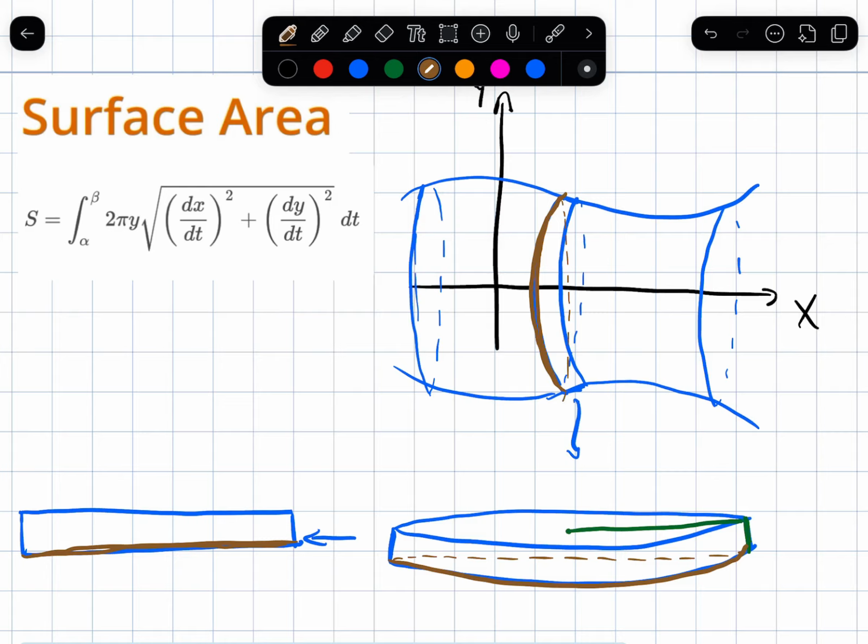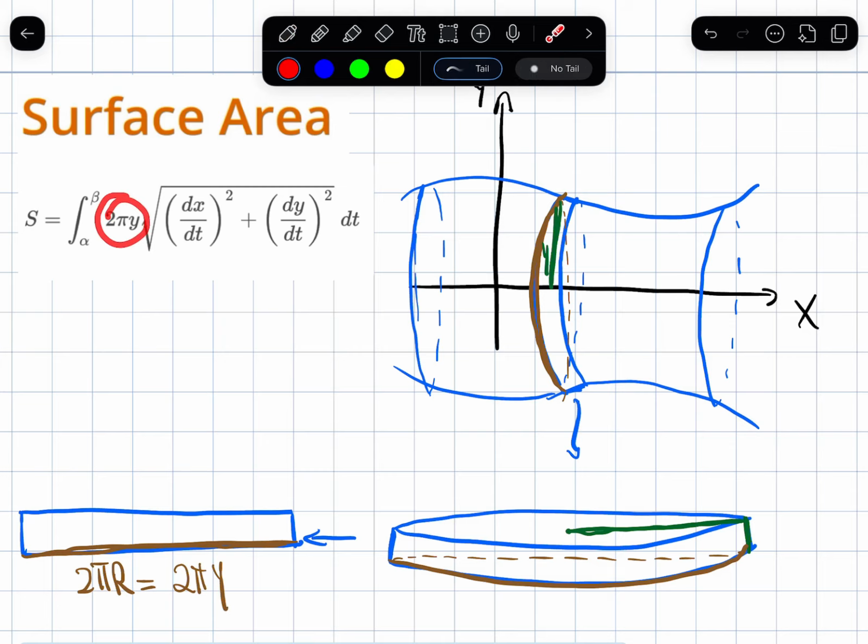This other circle around the surface, and that's 2 pi r, 2 pi radius, but as I go around, the radius is this distance, so it's the value of y, so this is 2 pi y. That's exactly this number that you see right there.